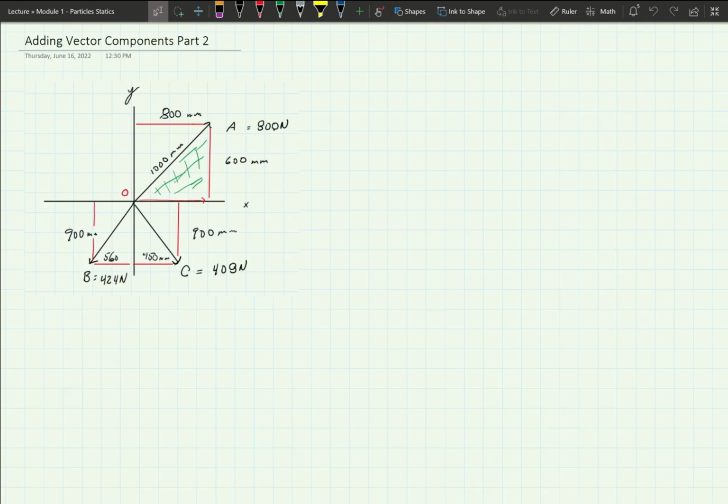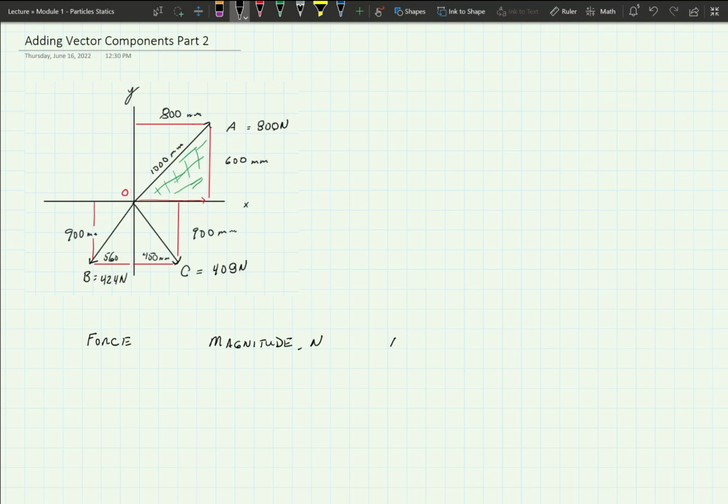Okay, so we had vector A, B, and C in this particular problem. And what I want to introduce you to is a way to organize this. I'm a visual learner myself, and I like to see things in tables and diagrams to make all this make sense. So let's do this. We're going to do force, the magnitude, and that's going to be in newtons.